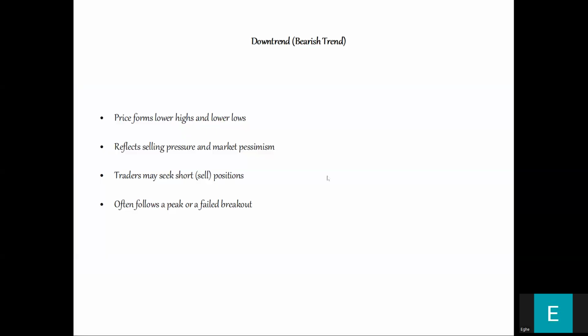So that means there are different types of traders, which includes intraday traders, swing traders, position traders, and then investors, right? Maybe you have forgotten this thing.